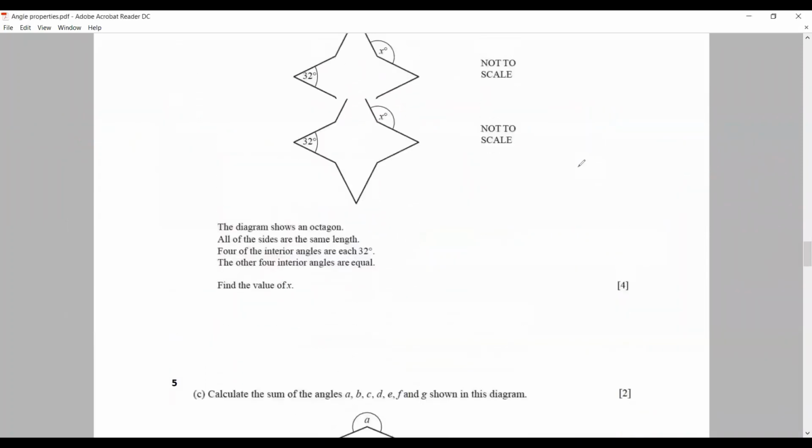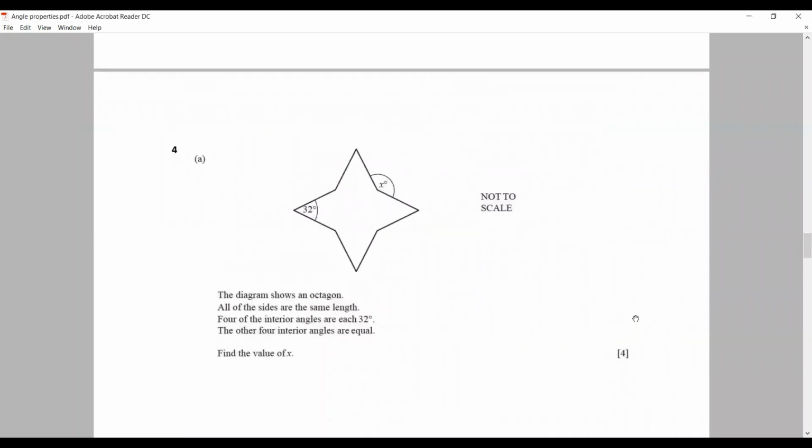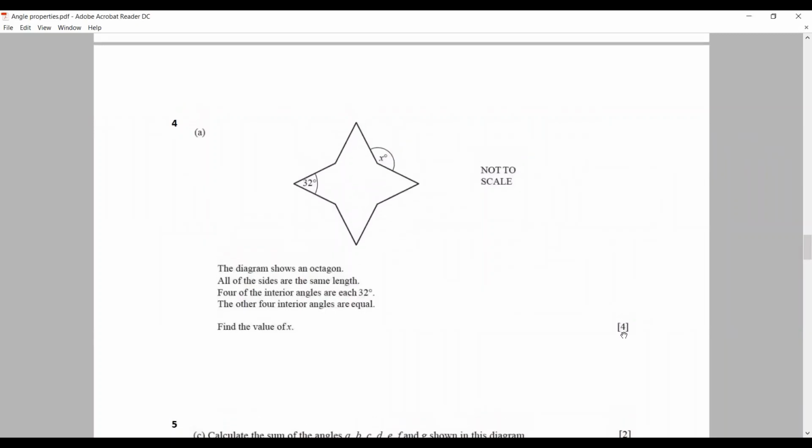All right, this question and the next question are a little bit tricky, and you can see from the mark that it carries 4 marks. So this is an octagon, but it's not the usual octagon that you're used to. The one that you're used to is a convex octagon, something like this.